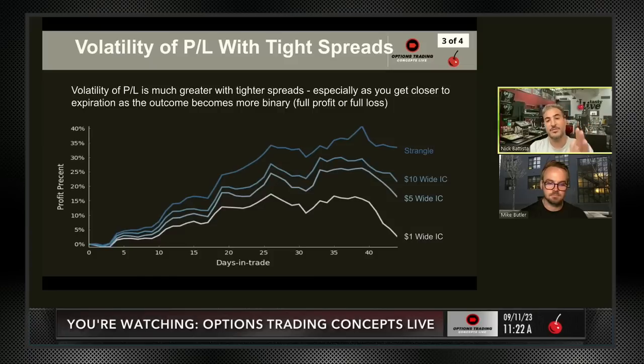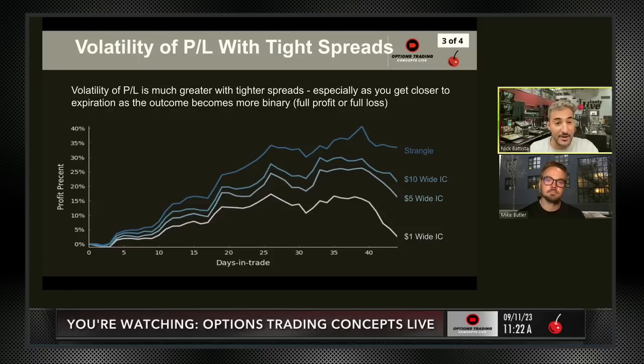When you get from that 30 to 45 days, the volatility of your P&L becomes more binary, right? With the $1 wide spreads, in a lot of the cases, it's a full profit or it's a full loss. That's why that P&L value dips so significantly, because you have no variable loss. It's all or nothing on those trades. Whereas when you get wider with those spreads, it's a much less volatile P&L.